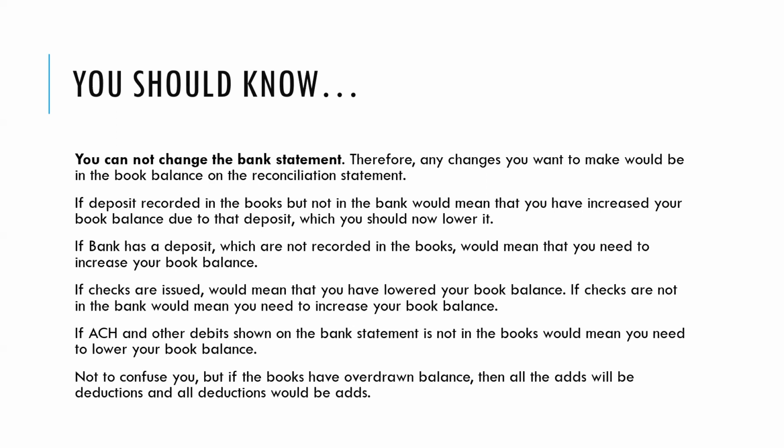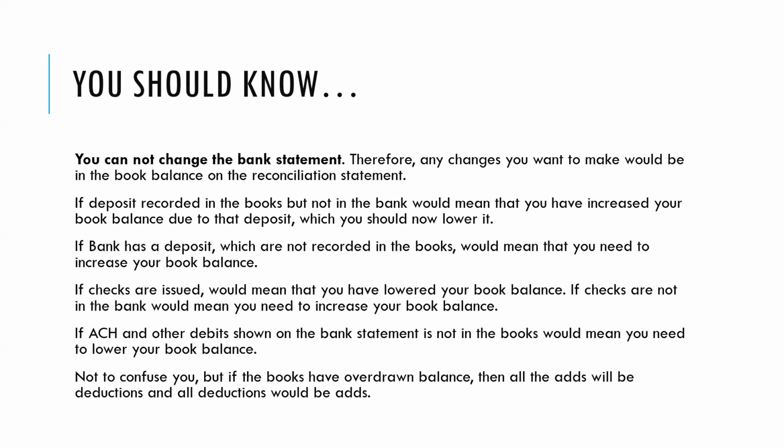Just for FYI, some companies do have overdraft facilities with the bank, and in that case, bank may have an overdrawn balance. Even in the books, it may have a credit balance instead of a debit balance in the bank account. In that case, the signs will be changing.